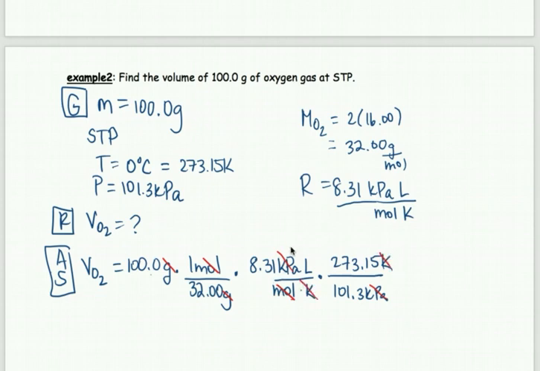That leaves me liters, and once I cancel out all the other units, I know I've added all the numbers that I needed to put into this calculation, so I can get to the answer.